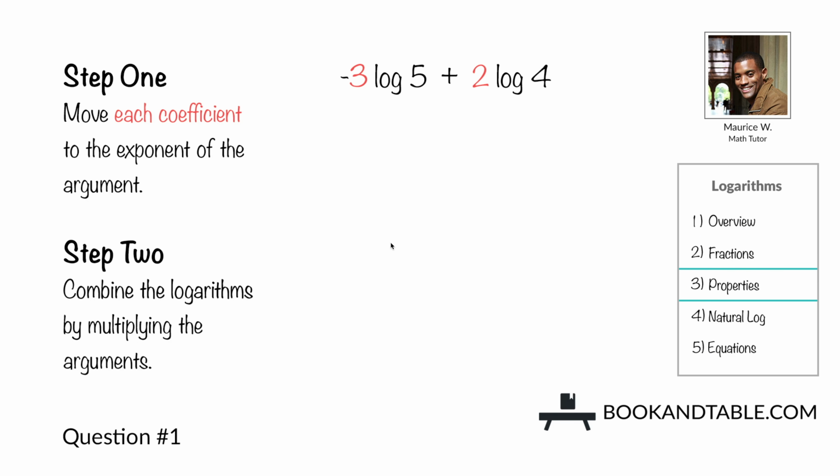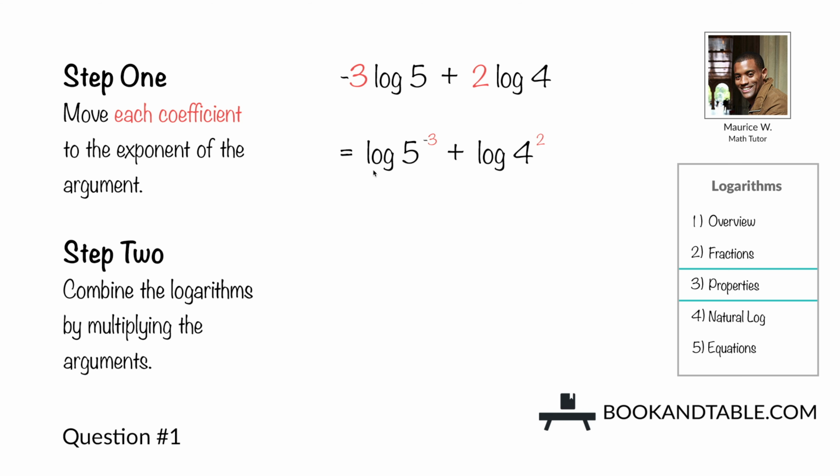Question number 1. We were given negative 3 log of 5 plus 2 log of 4. Step 1, move each coefficient to the exponent of the argument. So we'll take our first coefficient, negative 3, and move it to the exponent of this argument 5. And for our second term, we'll move the coefficient of positive 2 to the exponent of the argument 4.